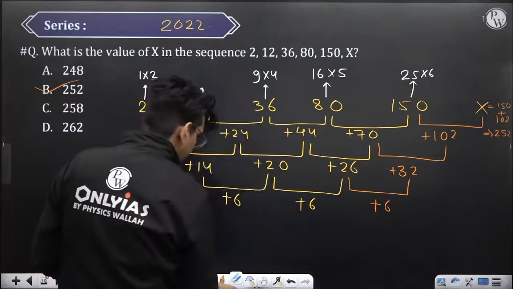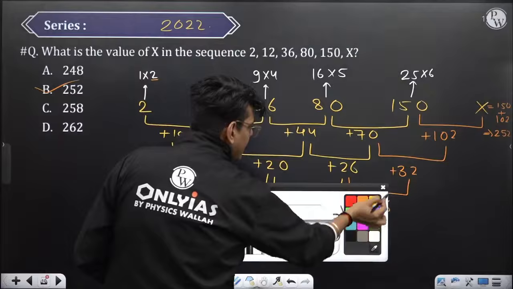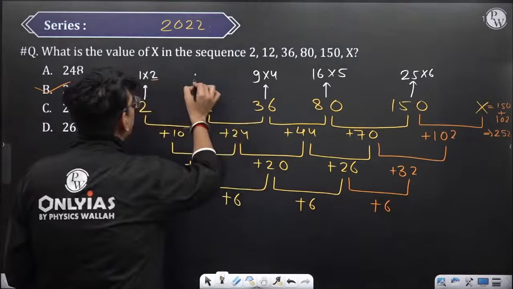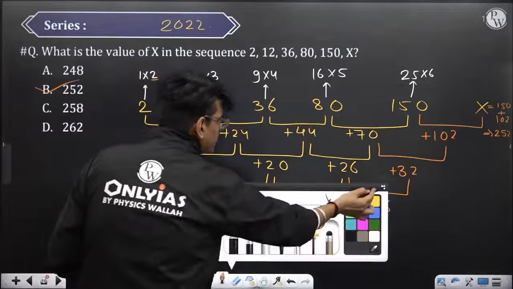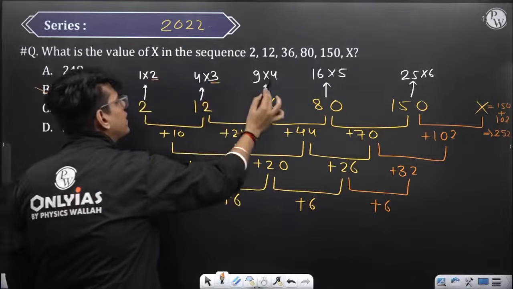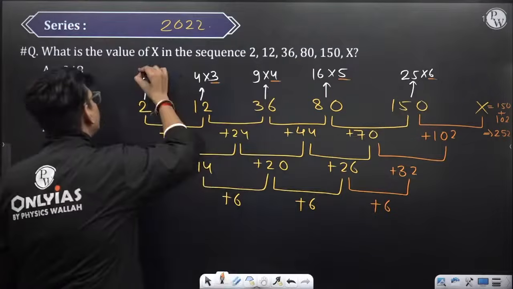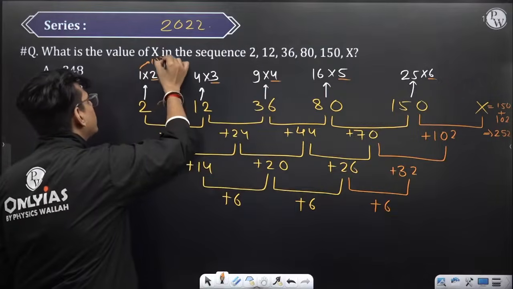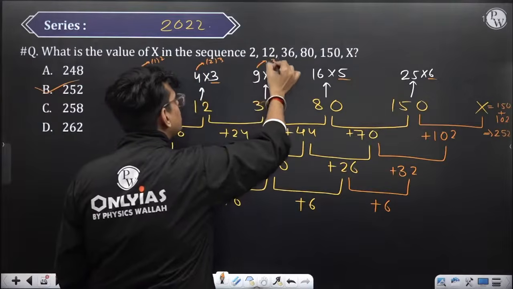This is 1 square, right? This can be written as 4 into 3, right? So if we see the pattern, the multiple is increasing: 2, 3, 4, 5 and 6. And the first term is 1 square. This is 2 square. This is 3 square.